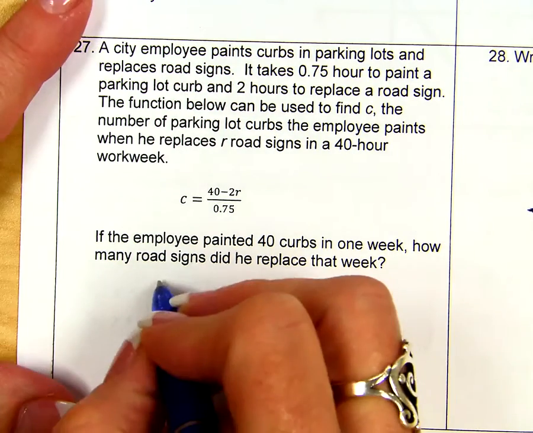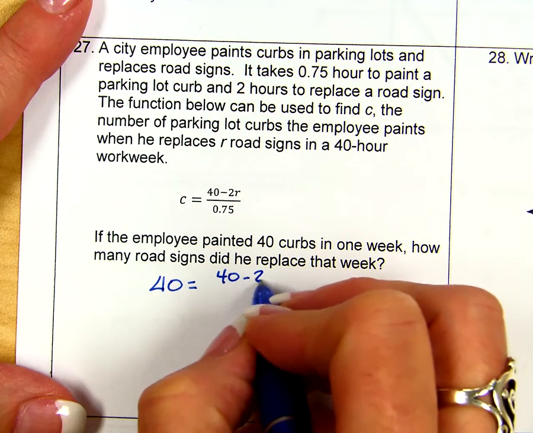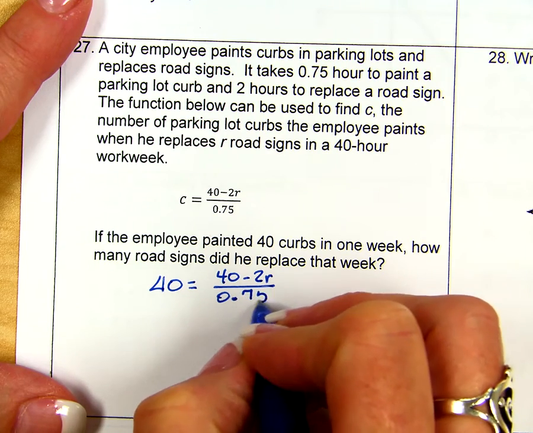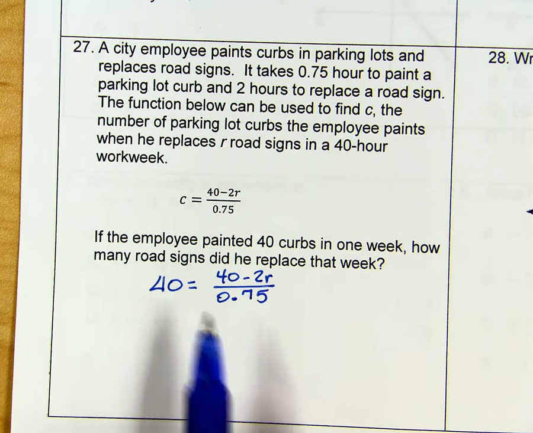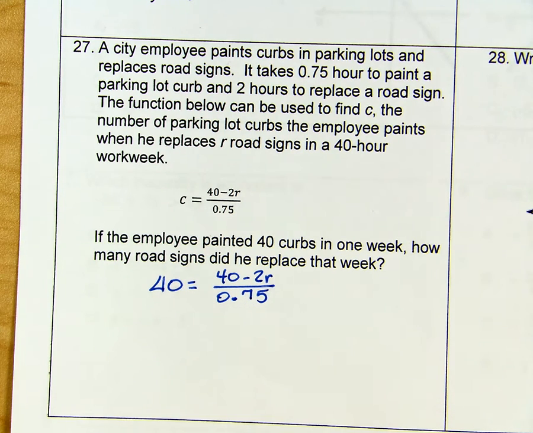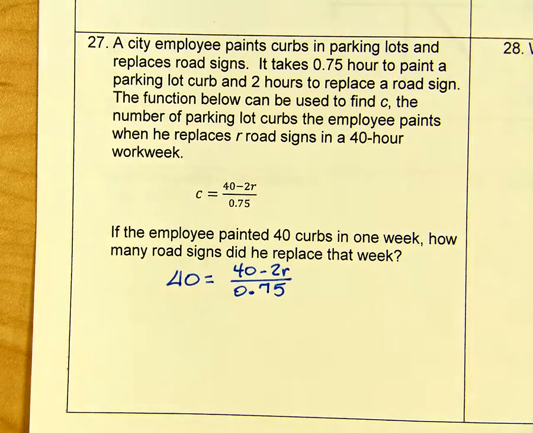So all we're going to do is take that 40, replace it into the equation, and then solve for R. So the first thing we need to do to solve for R is to get rid of this division here. So we're going to multiply 40 times 0.75, and 40 times 0.75 is 30.